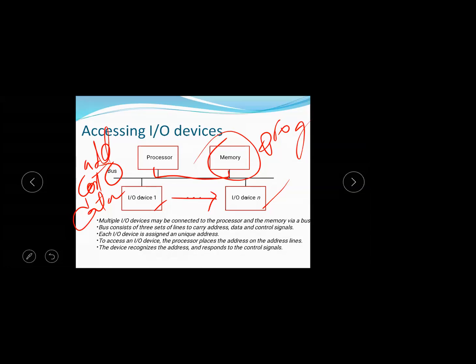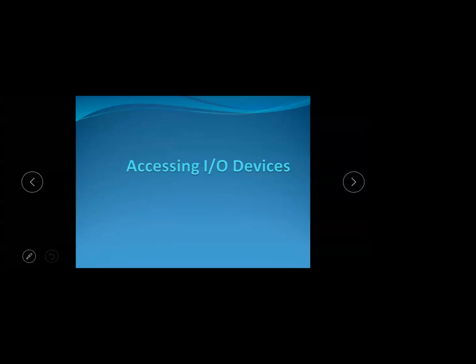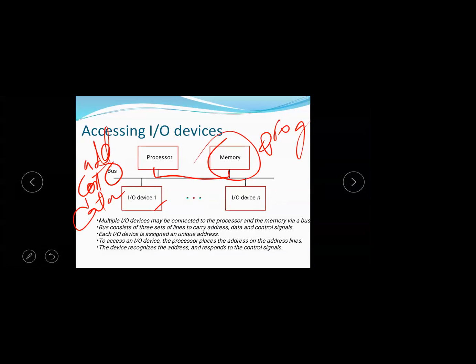Each IO device is assigned a unique address. For keyboard we have assigned one address, for printer one address, and for monitor one address. For each device we have assigned one address.